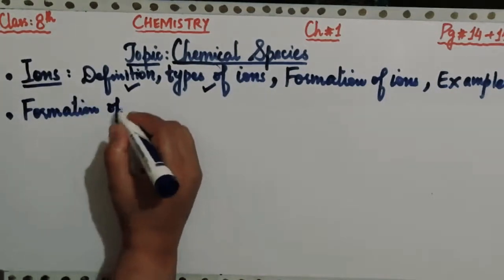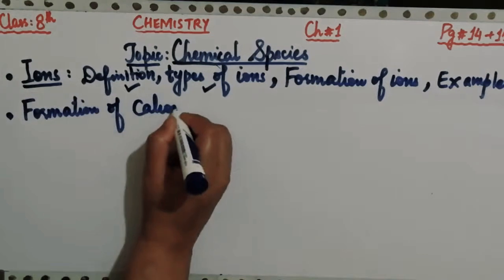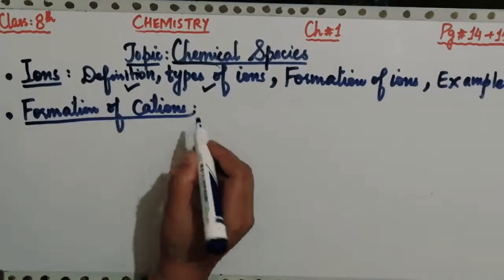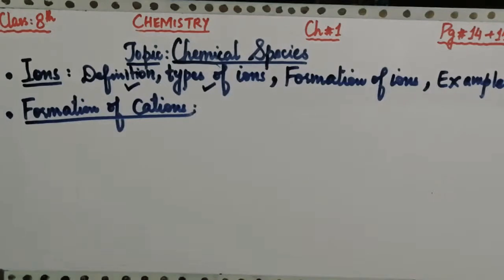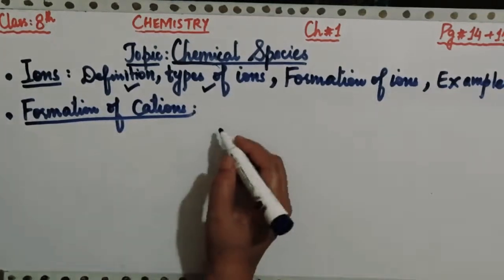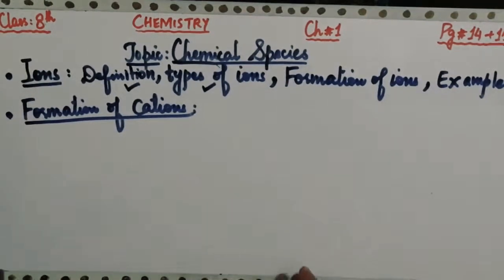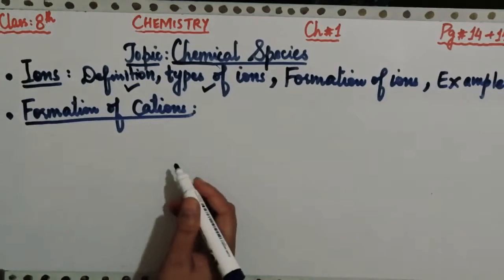Formation of cations. That is an atom or group of atoms containing positive charge on it. For the formation of cations you must know that cations are formed when an atom loses electrons from its outermost or valence shell. For example, we have some atoms which are losing their electrons.